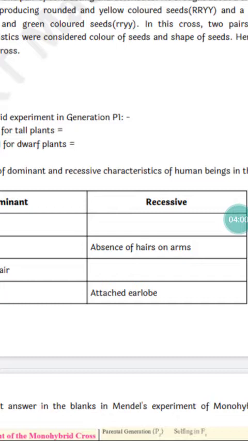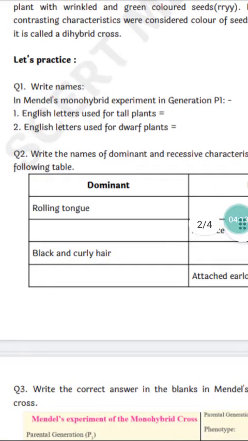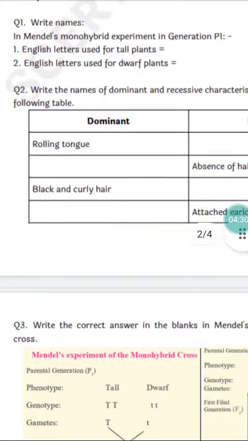Then the next one, the recessive character given is attached earlobe, meaning the outer part of the ear, the ear pinna, is attached. Attached earlobe. And for this, the dominant character is a free earlobe. Free earlobe. These are the characters which are present in human beings, and they are present in dominant or recessive form. So this you have to write.